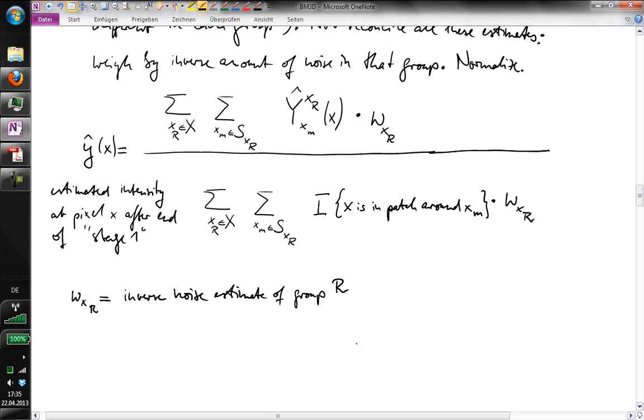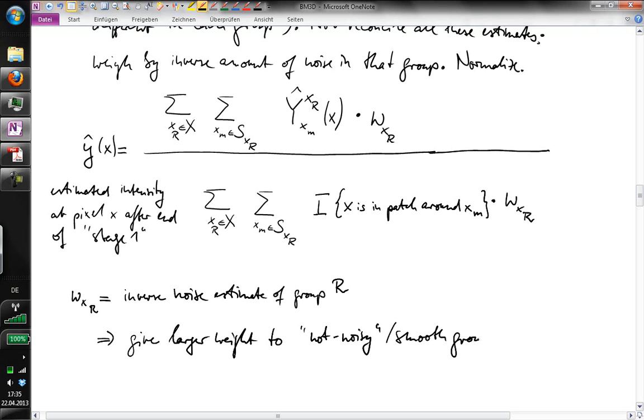I'm not giving the formula here. The effect of this is that we give larger weight to not noisy or to smooth groups, smooth in D+1 dimensions.